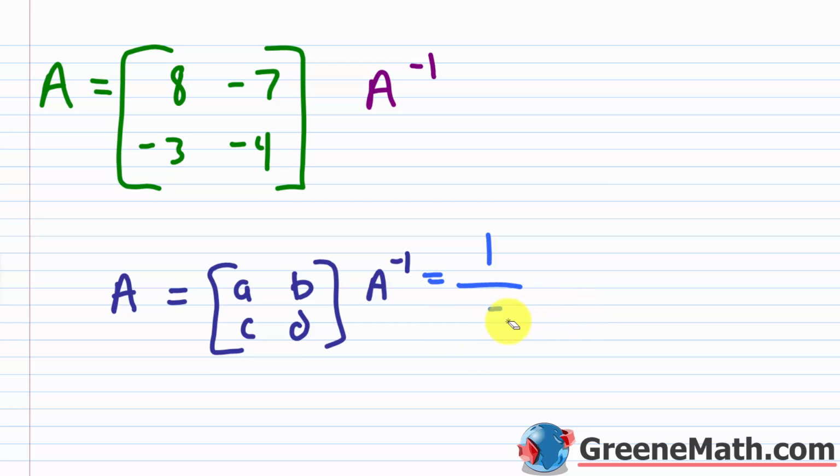It's basically just A times D, these two multiplied together, minus these two multiplied together, B times C. Then multiply by a matrix where A and D swap, so D and A, notice how those positions swap, and B and C become their opposites, so negative B and negative C.